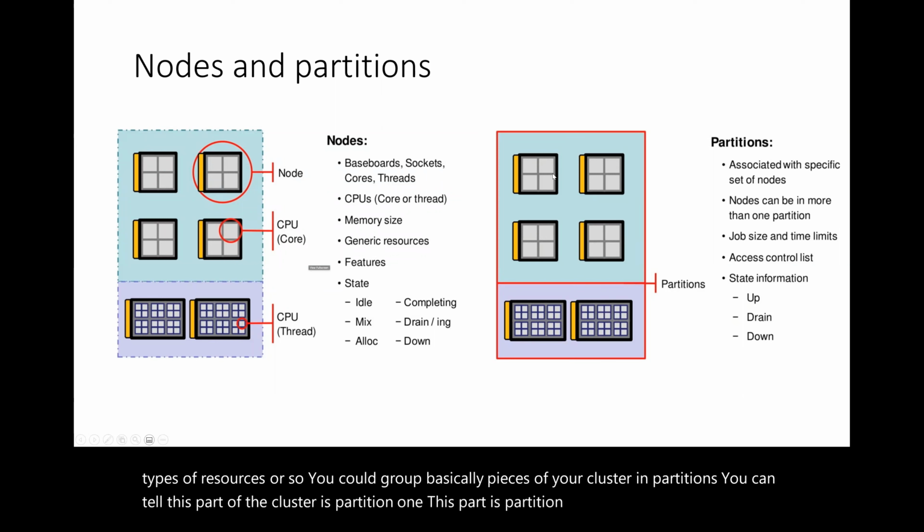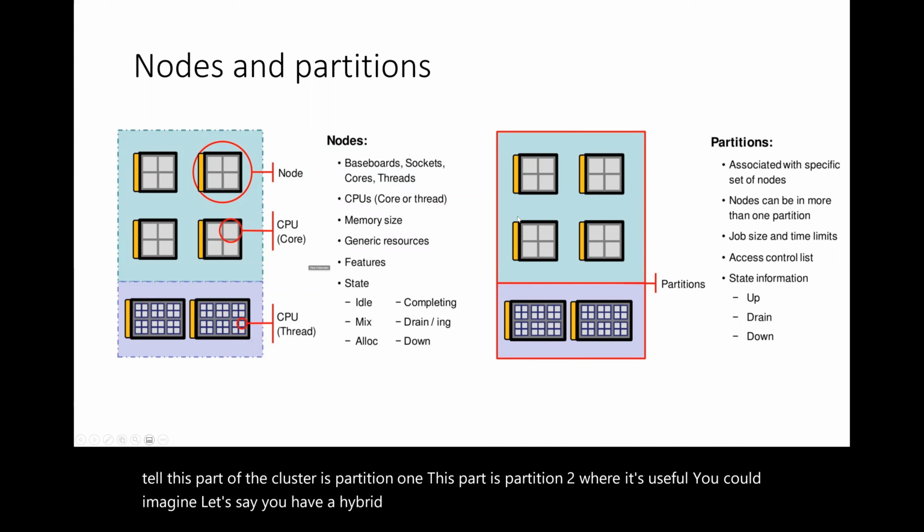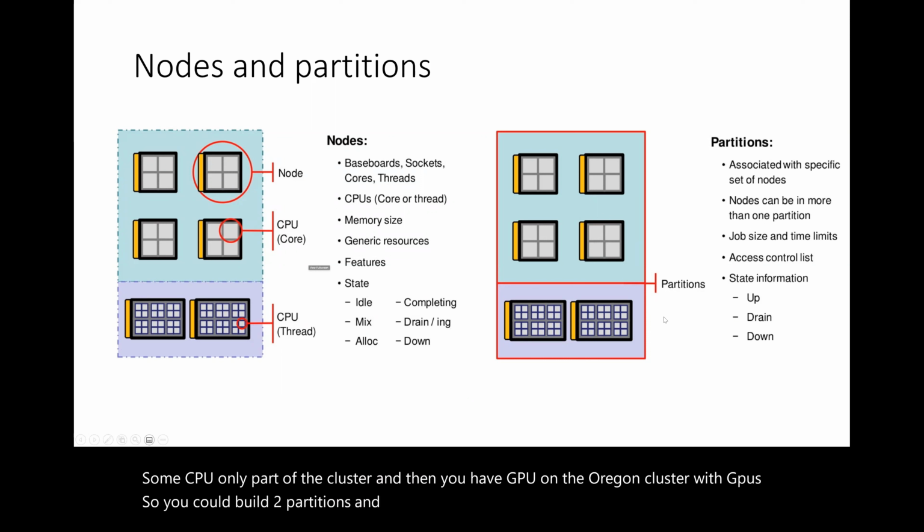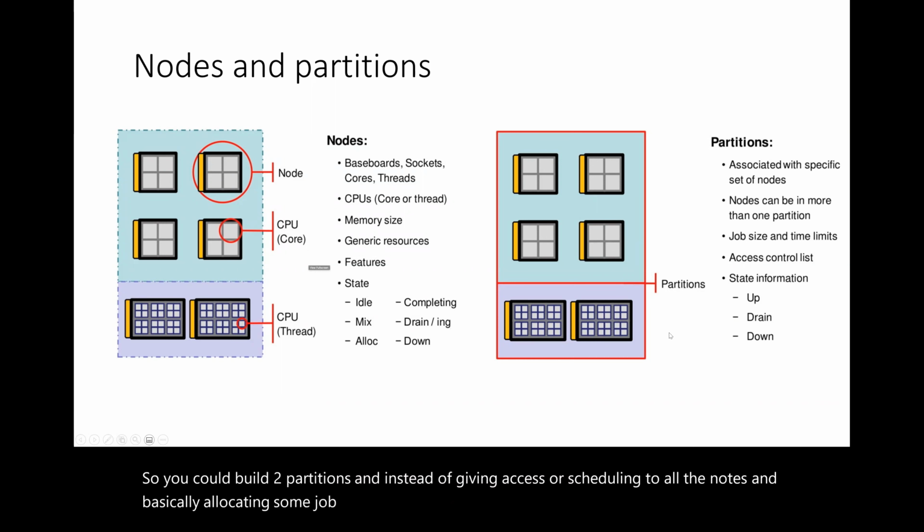Where it's useful, imagine you have a hybrid cluster, with a CPU-only part and a part with GPUs. You could build 2 partitions, and instead of scheduling to all the nodes and allocating some job which uses more CPU on a GPU node, you could control that through the partitions.